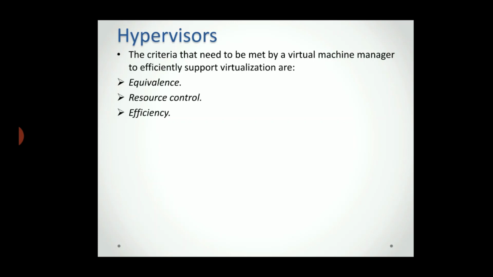And under efficiency, a statistically dominant fraction of machine instructions should be executed without intervention from the virtual machine manager. The major factor that determines whether these properties are satisfied is the layout of the ISA of the host running the virtual machine manager.